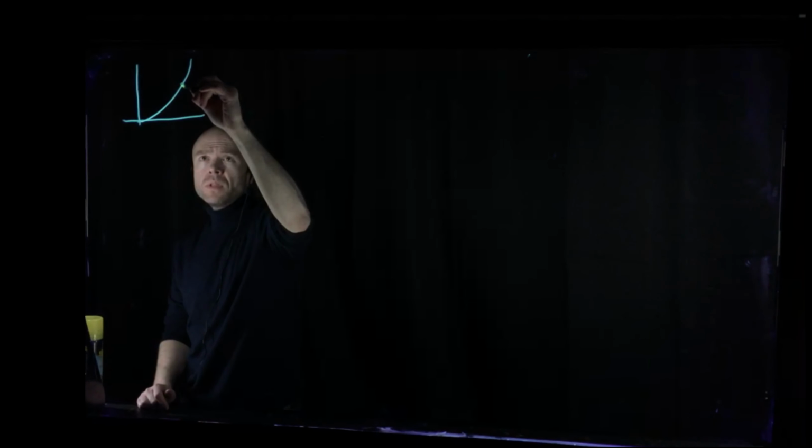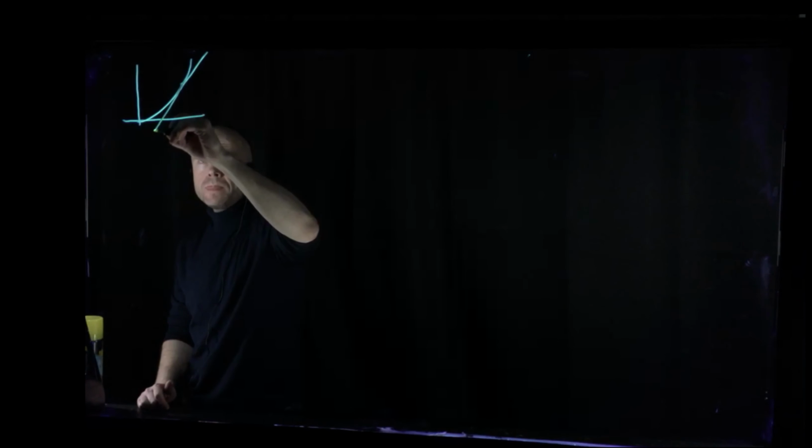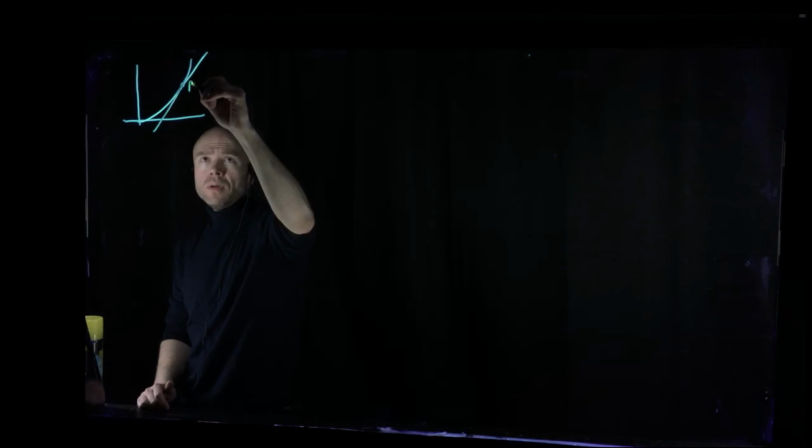Okay, so let's draw a little picture here just to remind ourselves what we're trying to do. We have this quadratic function. We're trying to find the tangent line at the point 1, 1. Okay, so this is the point 1, 1.